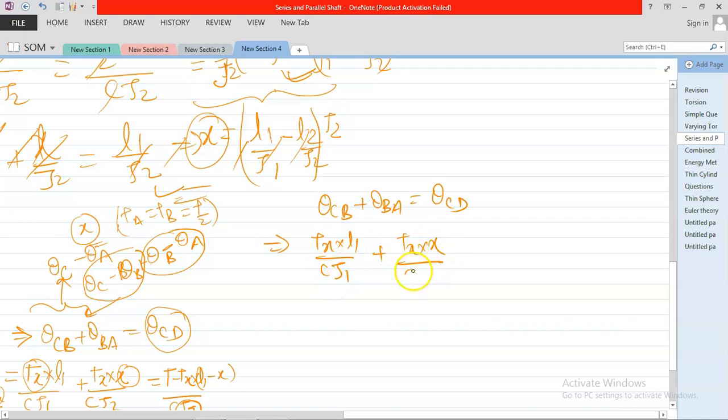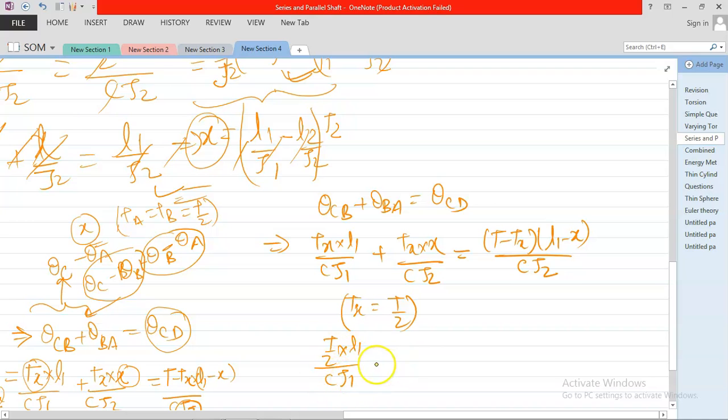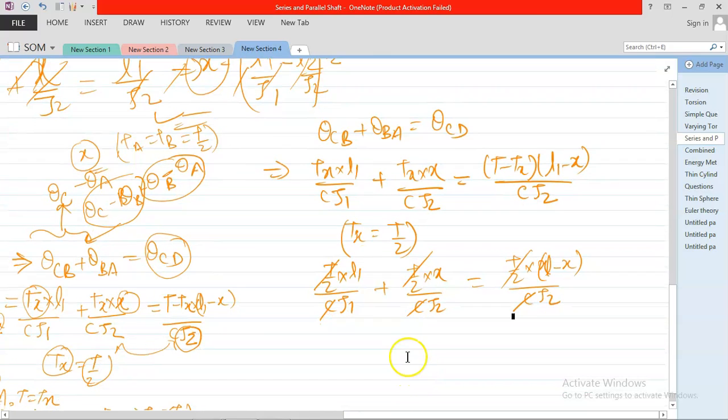Okay, let me write it again. Don't worry, I'm going to write here only. So you can say that theta CB plus theta BA is equal to theta CD. That implies Tx into L1 by CJ1 plus Tx into x, that is the distance x where it is acting, by CJ2 is equal to T minus Tx into L1 minus x upon CJ2.